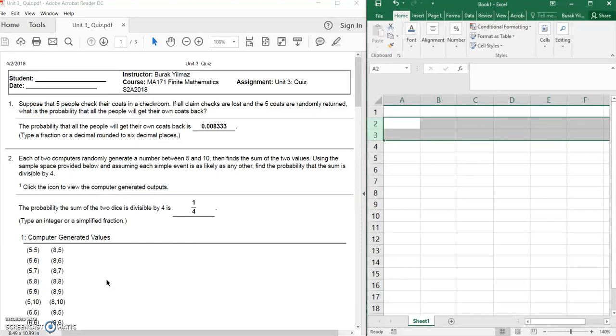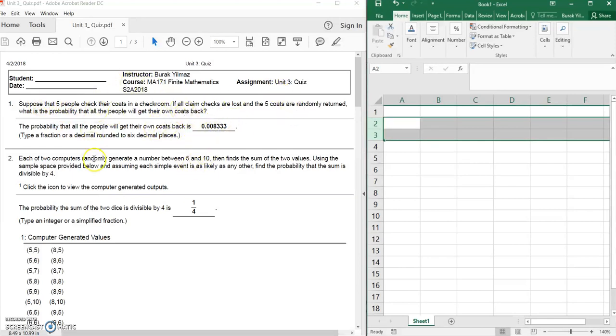Our topic is probability, and I just need to let you know that since the quiz questions are being generated by the computer, even though everybody gets the same type of questions, everybody actually gets a different question, not the identical questions. So the questions you see here, you will see similar ones in your own quiz, but these numbers, for example, will probably be different.